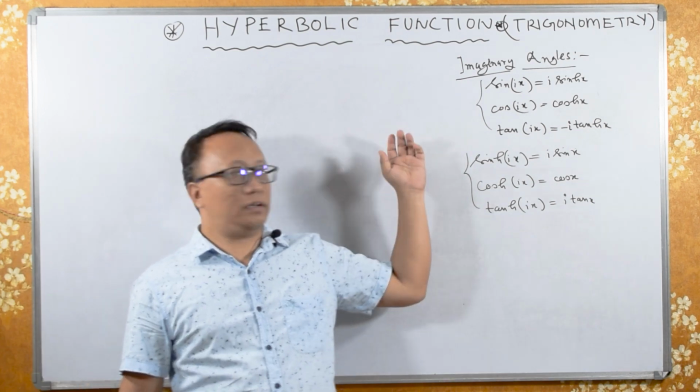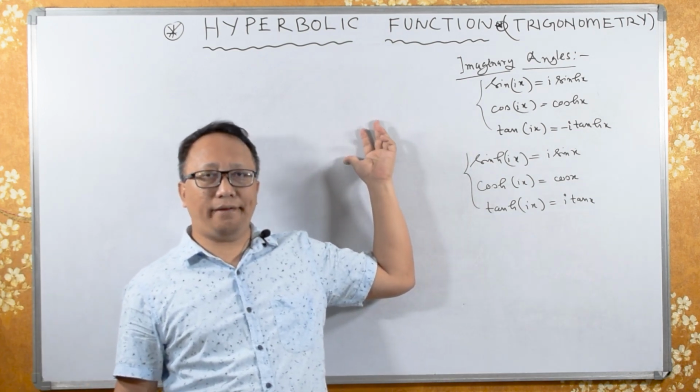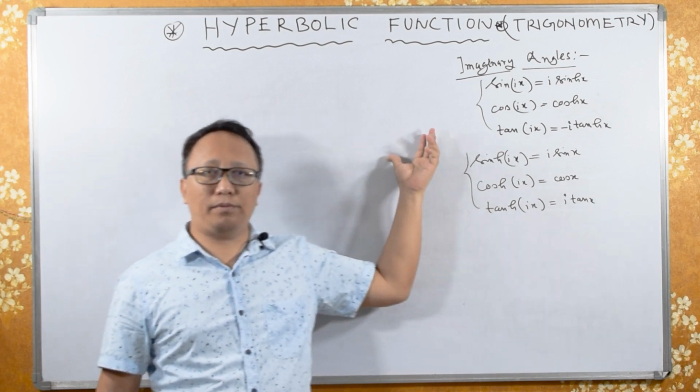Now let's try to derive cos hyperbolic, sine hyperbolic, all the hyperbolic trigonometric functions.